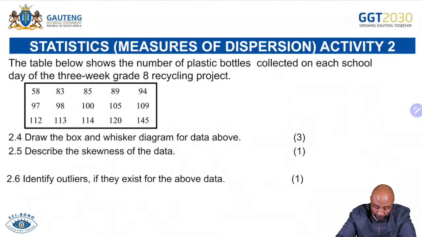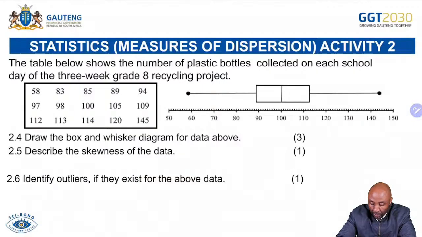Moving forward, we have to draw a box and whisker plot for the above data. Our minimum is 58, our maximum is 145, and we get our box and whisker as that. We have to describe the skewness. Remember, we did this.